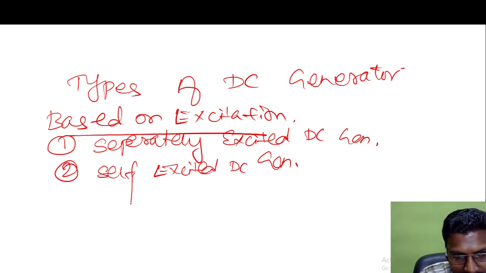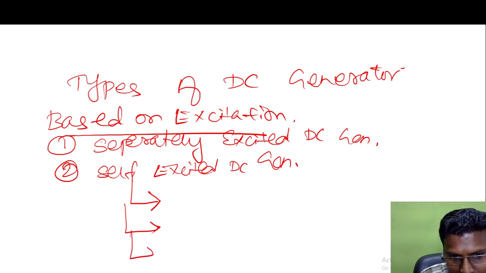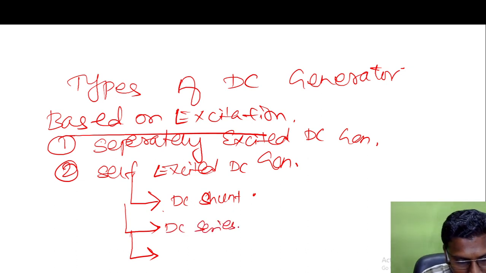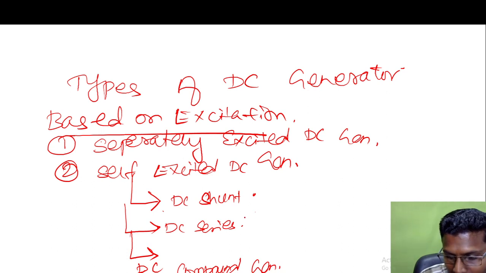This self excited DC generator is again classified into three different types. The first one is DC shunt, second one is DC series, and third one is DC compound. So these three types are classified under self-excited DC generator.